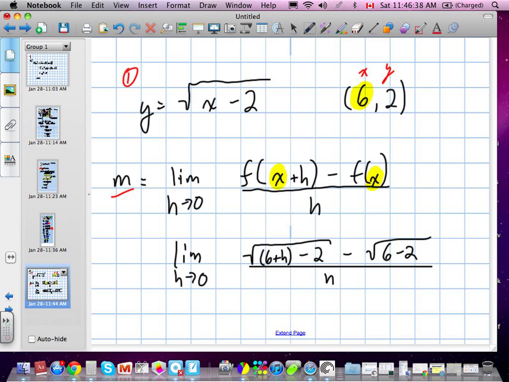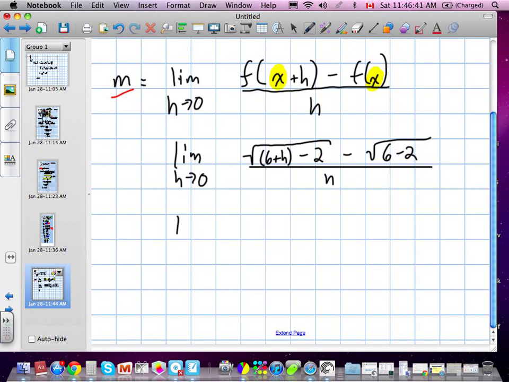On the outside, 6 subtract 2 is 4, and the root of 4 is 2, right? So subtract 2. In the other bracket, 6 minus 2 gives the root of 4 plus h, and then all subtracted by 2, divided by h.